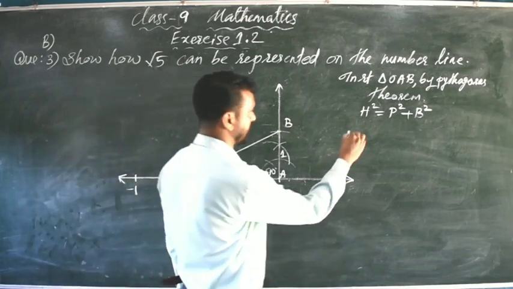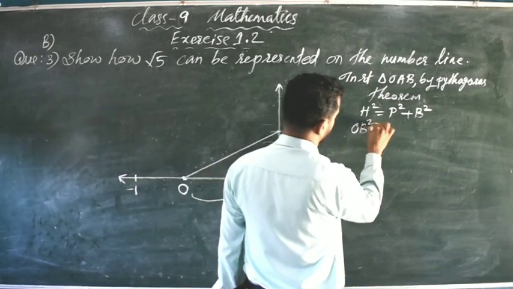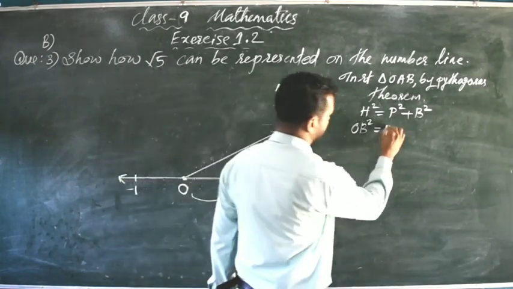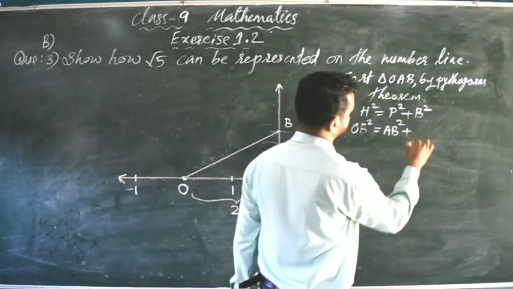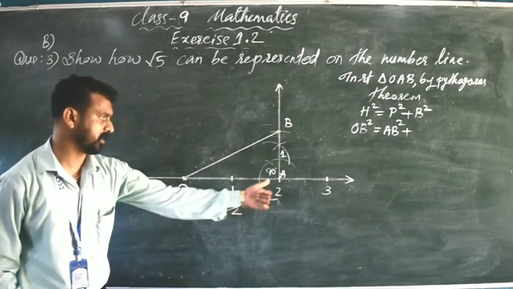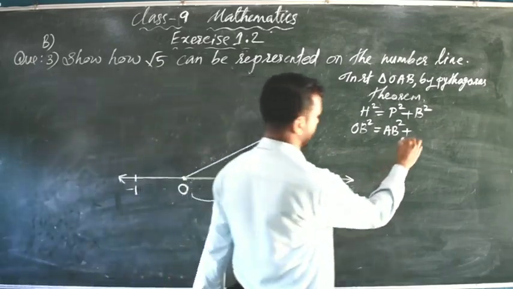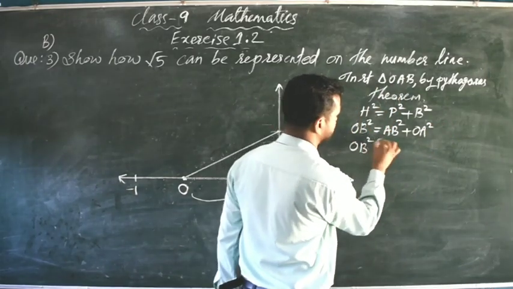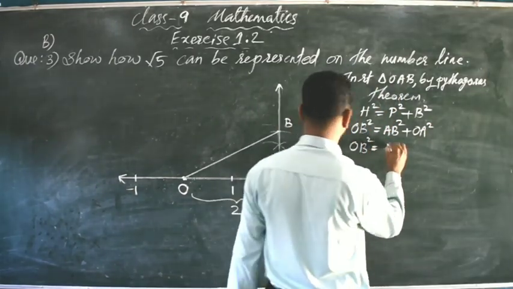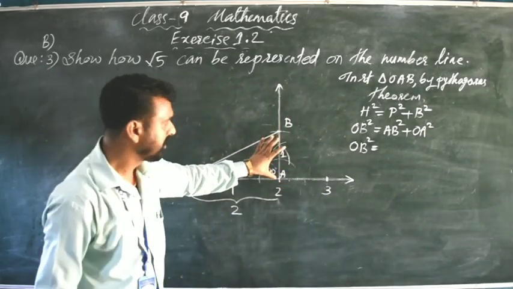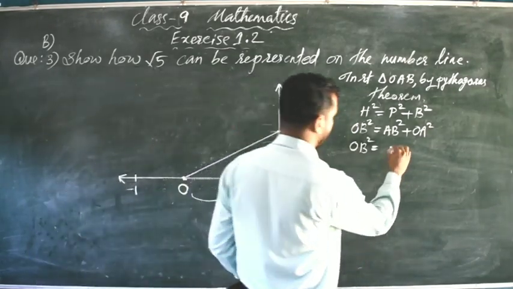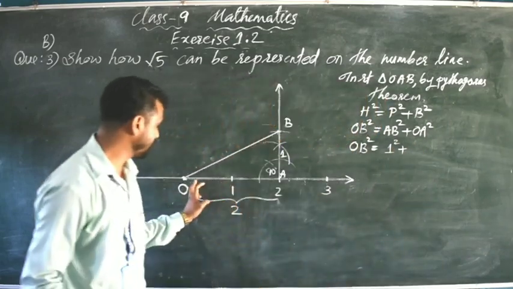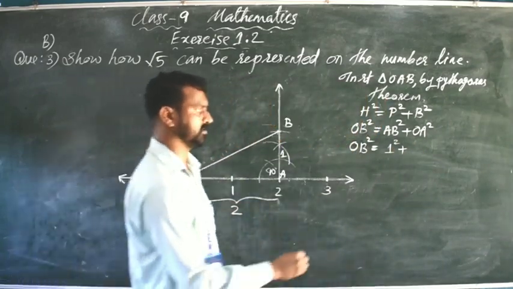So hypotenuse, that is OB, we can write OB square is equal to perpendicular square, that is AB square, plus base square, that is OA square. Now AB is equal to how much? That is 1 unit we have taken. AB square, that is 1 square, plus OA square. OA is equal to 2 unit, that is 2 square.